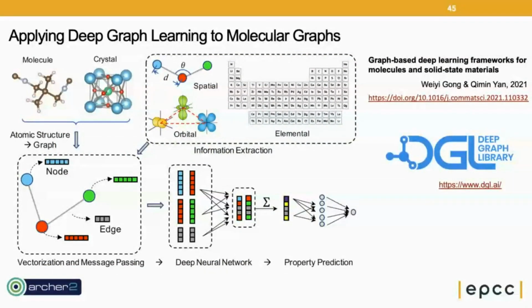So a quick example of this use case: applying deep graph learning to molecular graphs. This is about the idea that a molecule or an atomic system can be described by a graph, where the nodes in the graph refer to individual atoms and the links between them refer to the bonds. It's a rich description, such that you can encode the details of a single atom, such as its spin and the number of electrons.